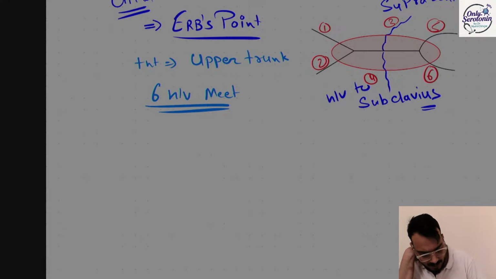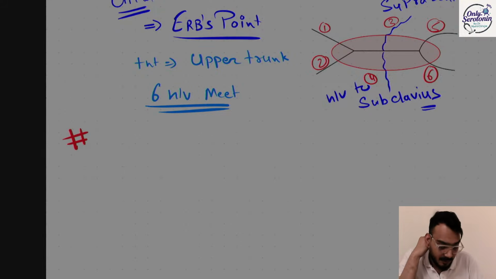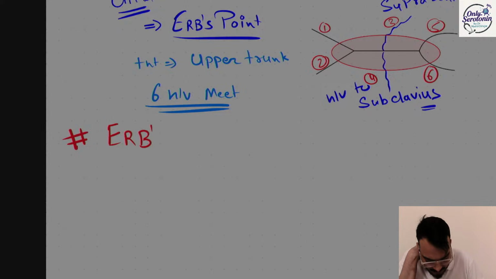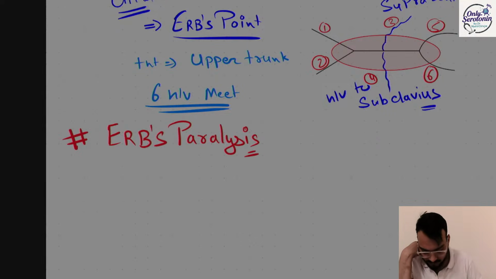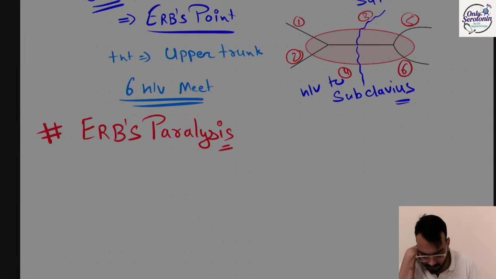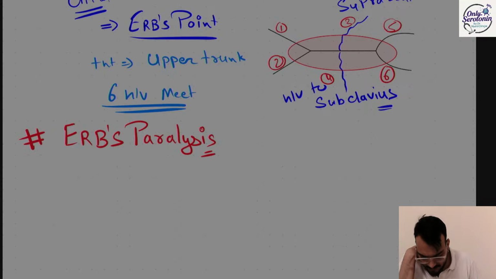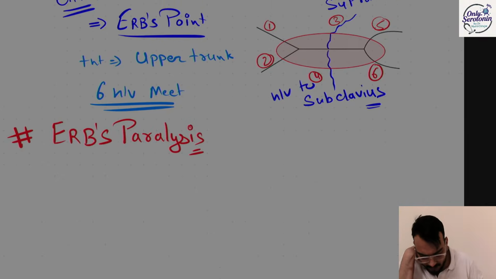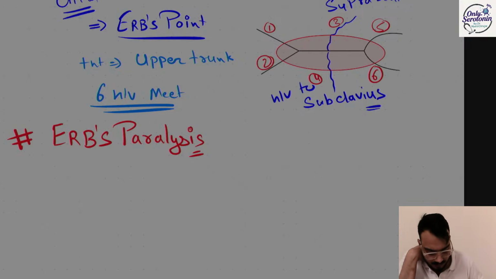If any kind of injury happens to this point, this kind of injury is known as Erb's paralysis. Very important for your final exams, guys. What is Erb's paralysis? In Erb's paralysis, we are going to have the injury of the upper trunk of the brachial plexus.